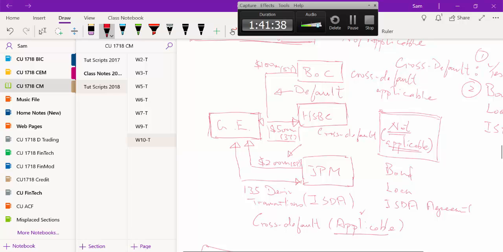Cross default is, when you think about it, like even at a personal level, you have 3 apartments. One day you will have 3 apartments, and that day is not far away. So one apartment you borrow from HSBC, another apartment you borrow from Standard Chartered, and one more you borrow from Hang Seng Bank.